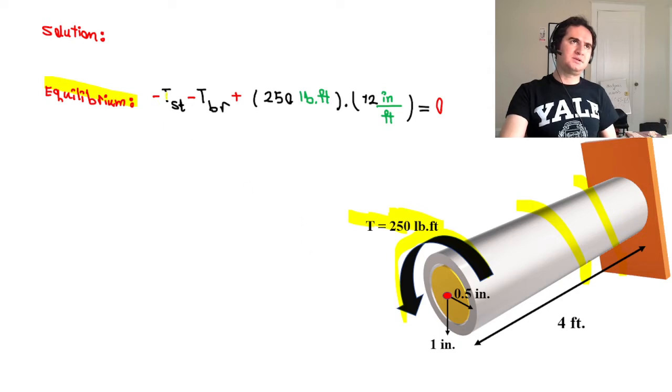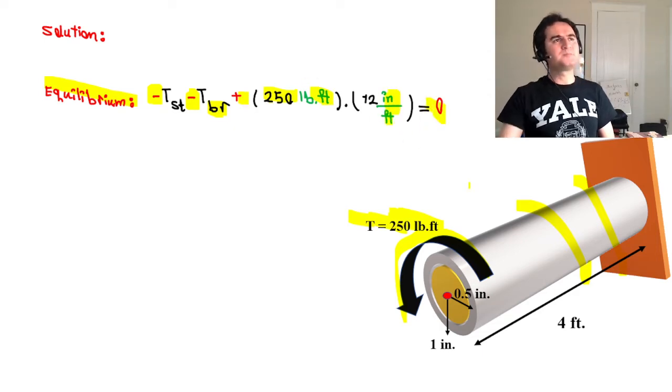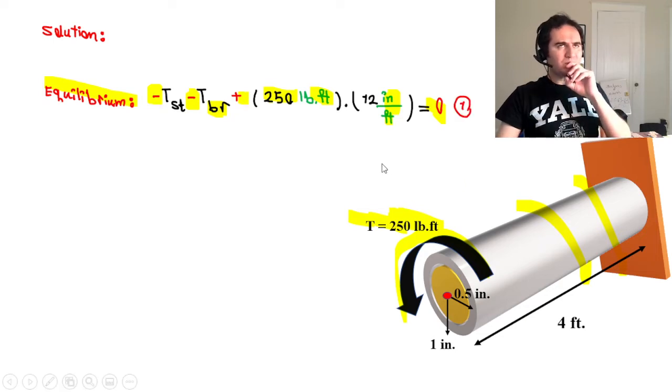If we consider the counterclockwise direction positive, then clockwise is negative. So that's negative torsion of steel minus torsion of brass, plus 250 pound-feet converted to pound-inches, equals 0. Let's call that equation 1.